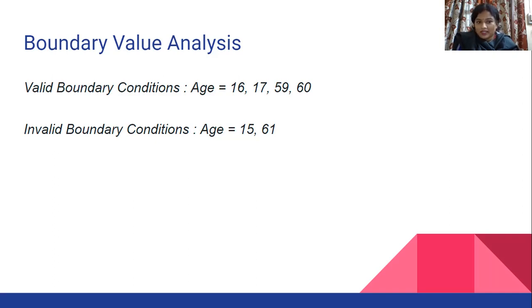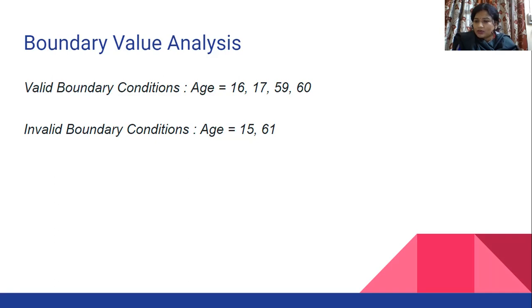So here again I will be having the valid boundary conditions, out of those 4 values, 16, 17, 59, 60. The first ones are all valid boundary conditions, and the second ones are invalid boundary conditions, 15 and 61.